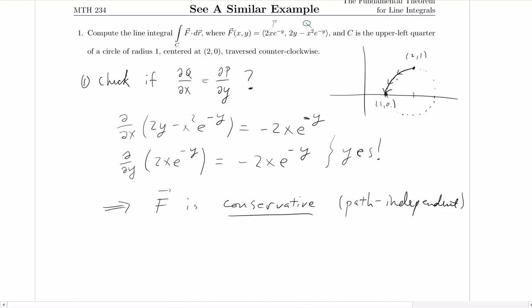It's sort of irrelevant that we're told that we go along this circular arc. We can really take any path we like as long as it starts at 2, 1 and ends at 1, 0, and the answer will be the same. And furthermore, we don't even have to compute an integral, because we have the fundamental theorem.